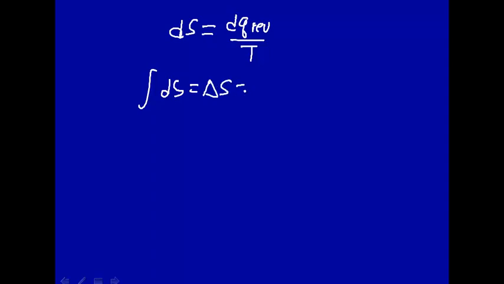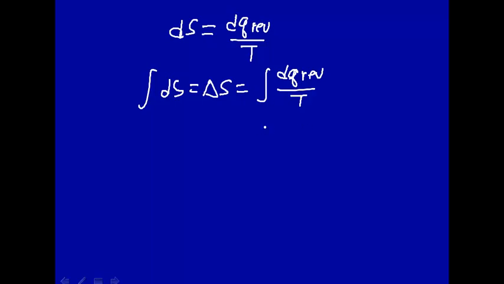Again, we'll start with our definition of entropy. Entropy is dq reversible over T, and we'll integrate both sides going from initial to final state, dS. This will be just delta S. This will be the integral of dq reversible over T. Now, temperature is not constant, so we can't pull this out of the integral.